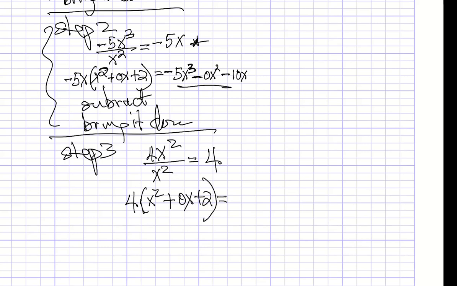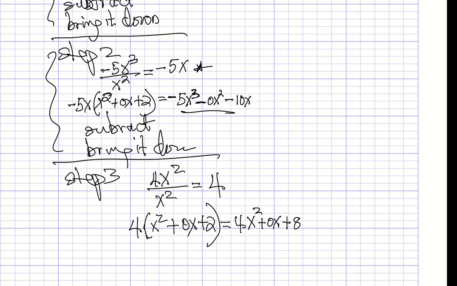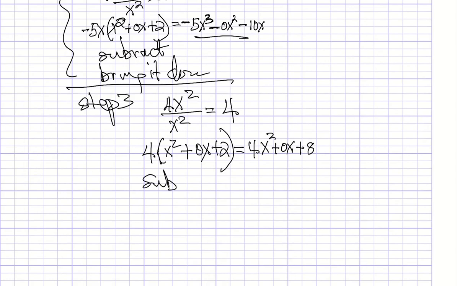You multiply that, you get 4x squared plus 0x plus 8. So you take that and move it over here: 4x squared plus 0x plus 8. You see that, right? And then you subtract it.